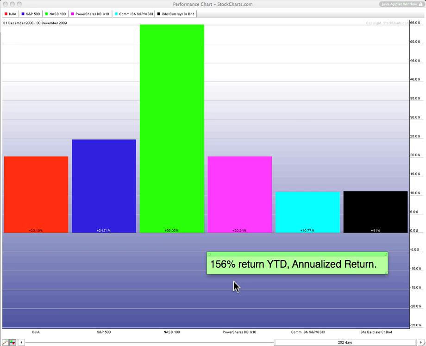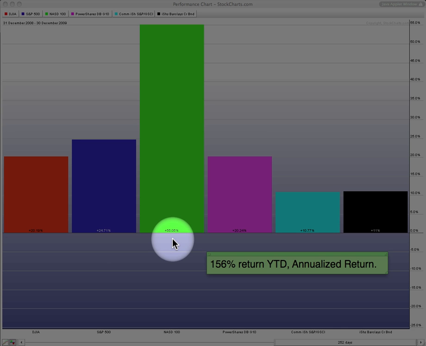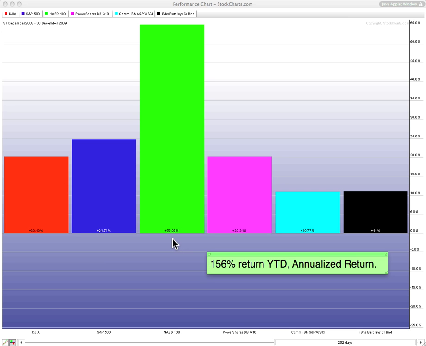The problem is you do not know how a sector within equities, that is a sector like technology, of which the NDX tracks, within equities as an asset class will perform for the entire year until year end.